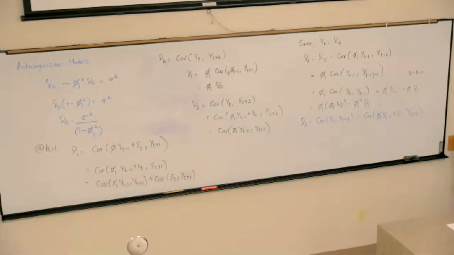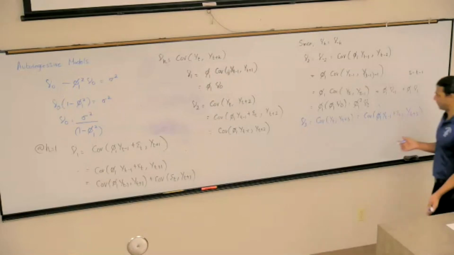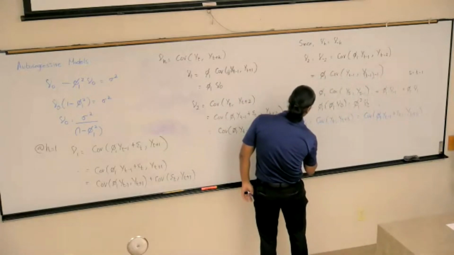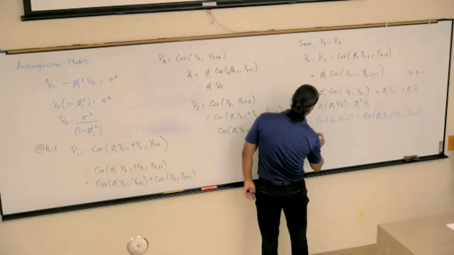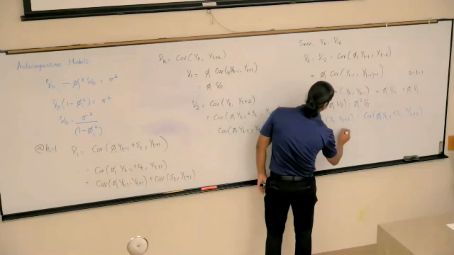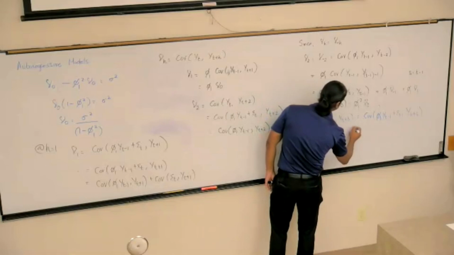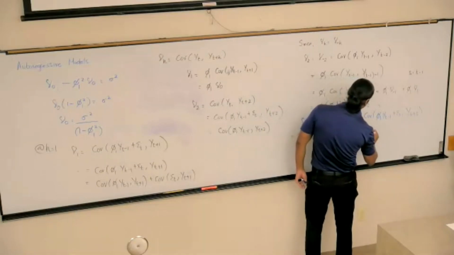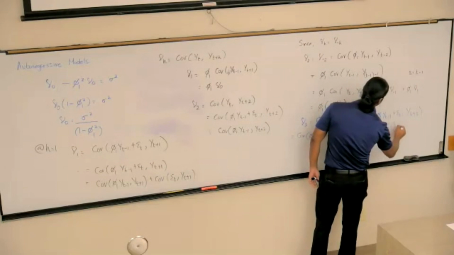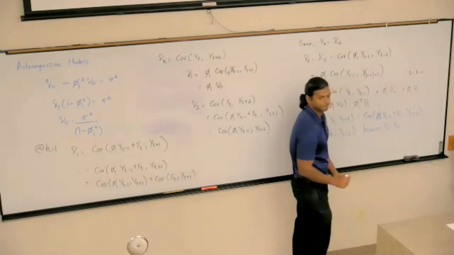We are rewriting it in terms of -3 so that we can understand the algebra better. So this would equal covariance of phi 1 yt minus 1 plus epsilon t, comma yt minus 3, because gamma 3 is equal to gamma minus 3.